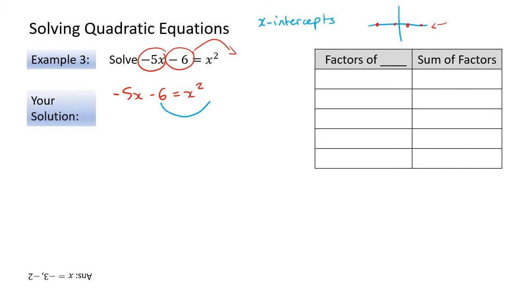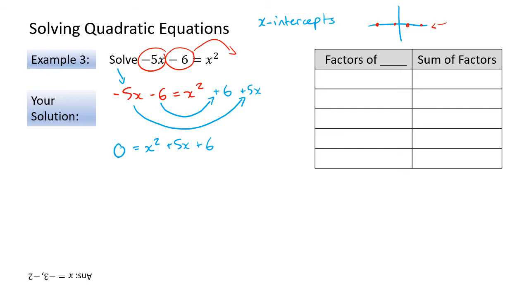So in other words, moving this to this side becomes positive 6 from negative 6. Moving this to this side, negative 5x becomes positive 5x. And with nothing left on the left-hand side, it simply becomes 0. So what we end up with is 0 is equal to x squared plus 5x plus 6.